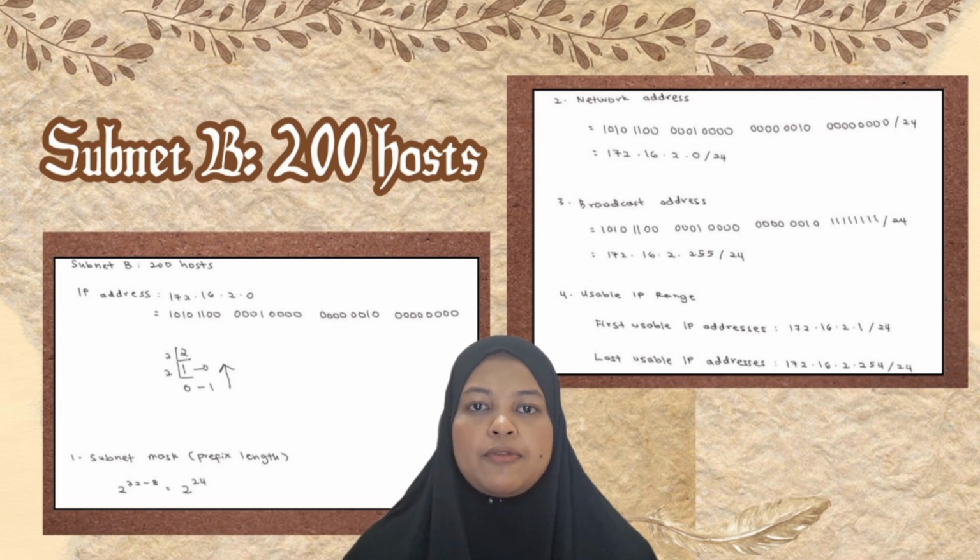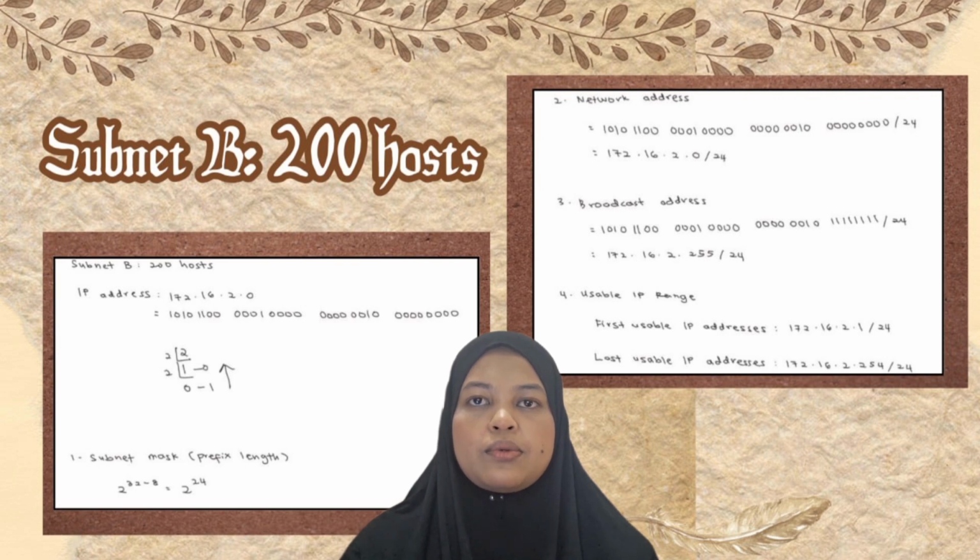As usual, we find the prefix length first by using the same formula and we get the answer, which is 24. Second, we find the network address and also the broadcast address. Just now we got 24 as our new prefix length. So we keep the first 24 bits and change the rest of the bits to 0.